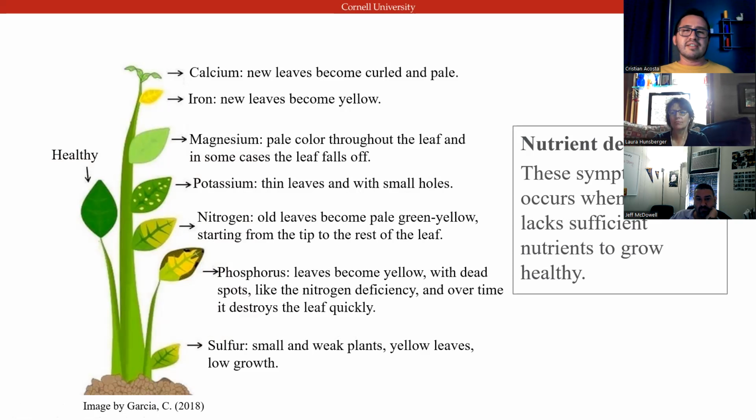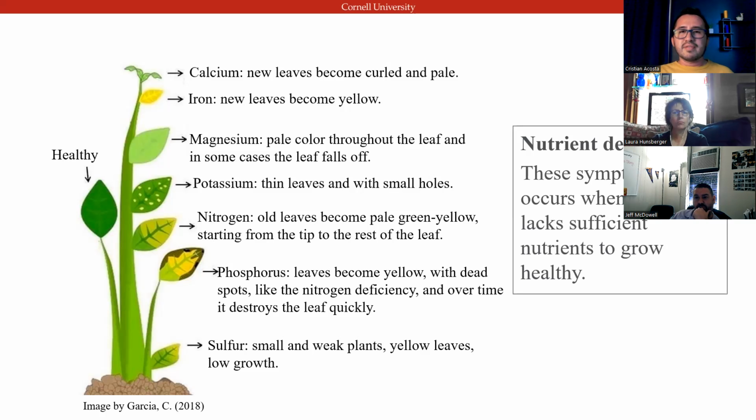But we start realizing in the crop whether it's just some spots, some plants just here, or if it's in general. So we start seeing that all the plants take these symptoms, these signs. Sometimes the plants just keep growing and they don't show any other symptom or any other sign.